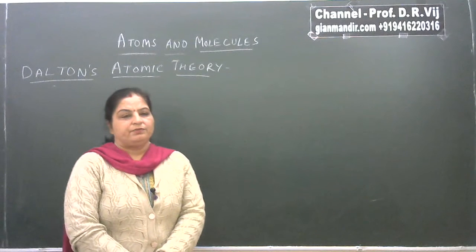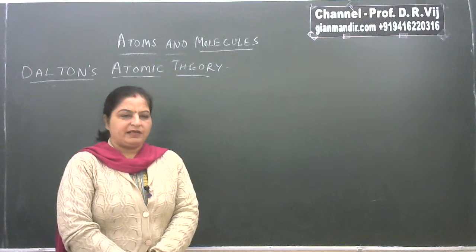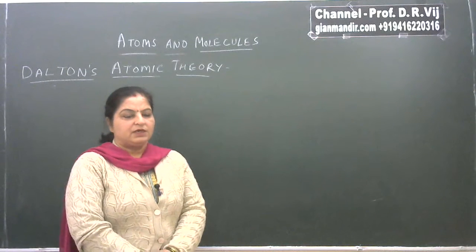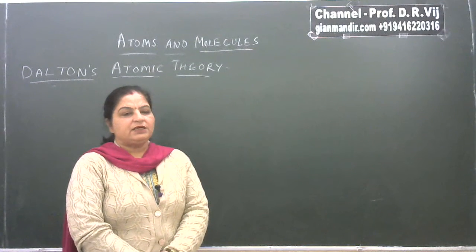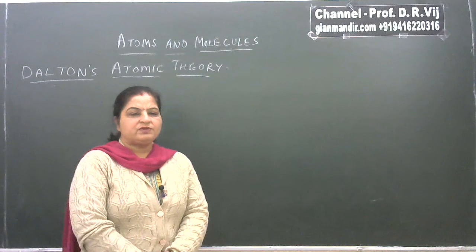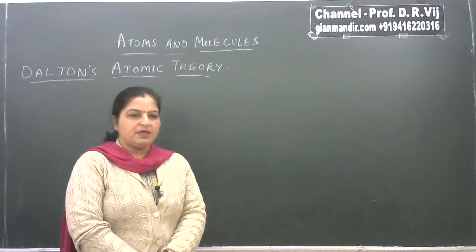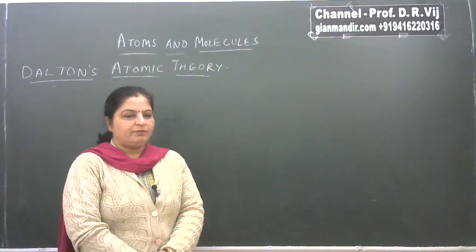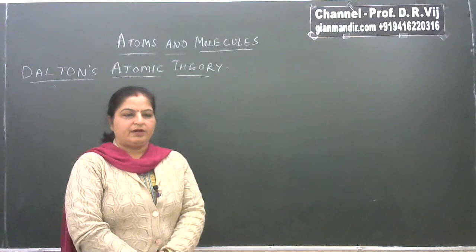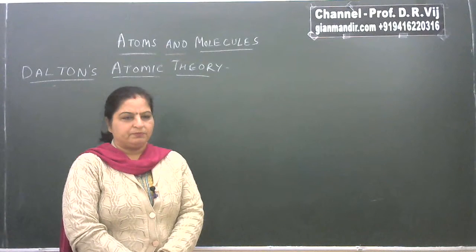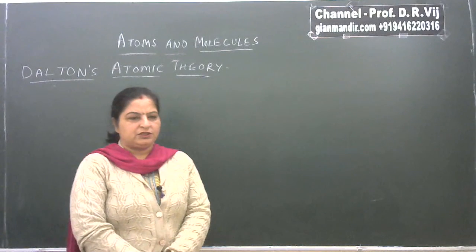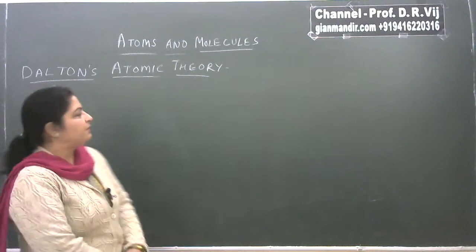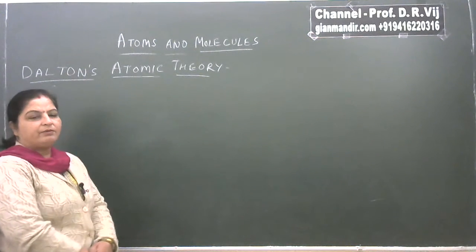Although these laws explained the observations of the experiments of these two scientists very well, in science, whenever we observe something, there must be a theoretical explanation, right? Lavoisier and Proust could not give any theoretical explanation for these laws, and such a theoretical explanation was provided by John Dalton, who gave the theory known as Dalton's atomic theory.